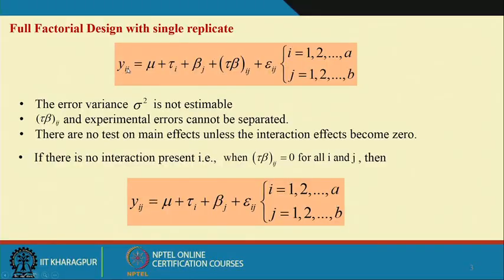I am assuming that you all know that y_ij is mu plus tau_i plus beta_j plus tau beta_ij plus epsilon_ij. This is the fixed effect model, and in the last lecture we estimated these parameters with n replicates.